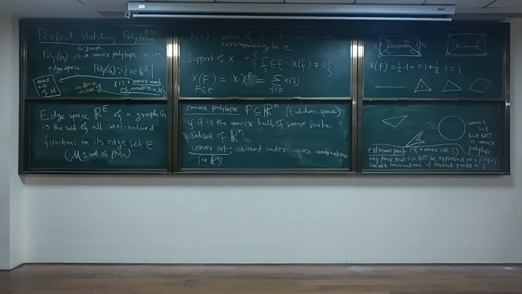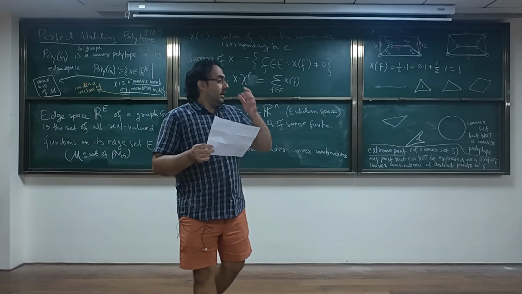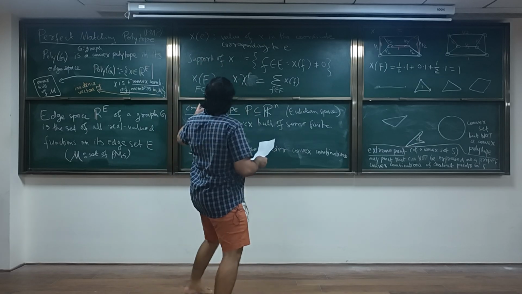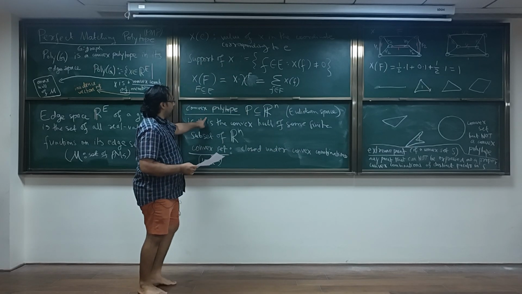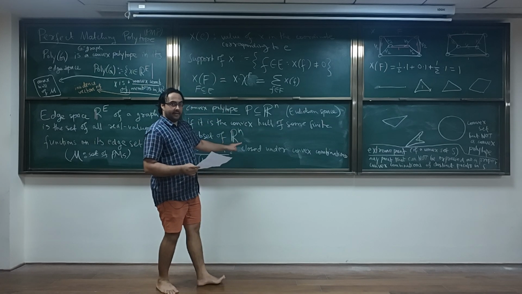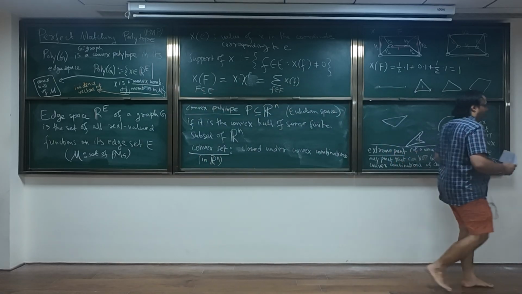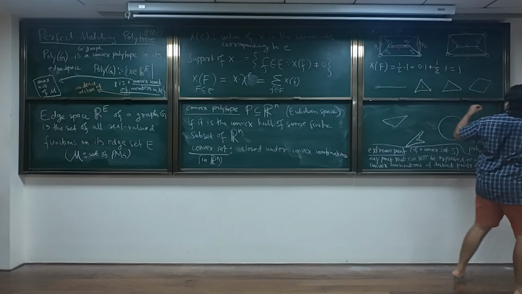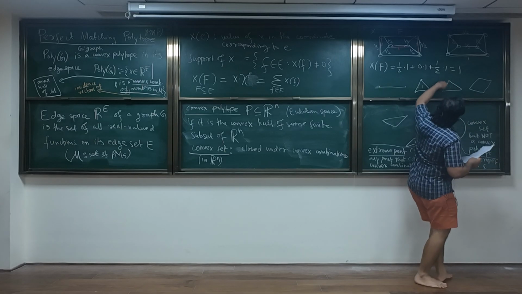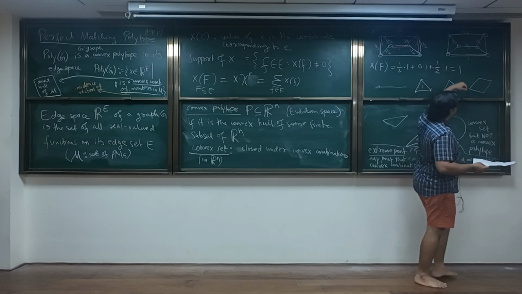All right, what else? There are a few more points I have written down. I just want to go through them quickly. Every polytope, so remember how we defined a polytope? We defined it as the convex hull of some finite subset of points in Rn. For example, if I take 3 points that are in general position, I'll get a triangle. If I take 4 points, I may get a triangle if 3 of them are non-collinear but the other one is contained inside them.